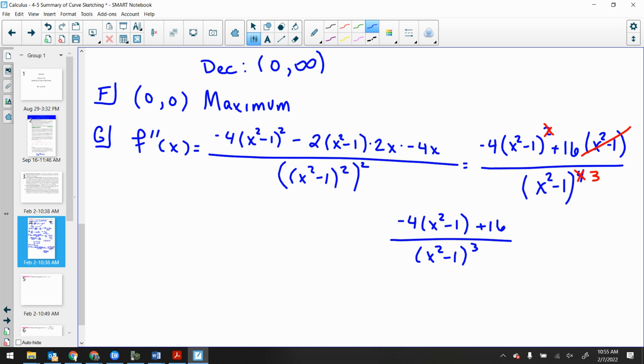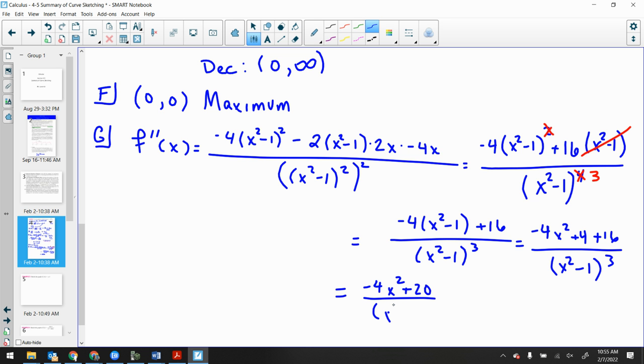Now let's distribute in the negative 4. Negative 4x squared plus 4 plus 16 all over this thing to the third, which will reduce to negative 4x squared plus 20 over x squared minus 1 to the third.